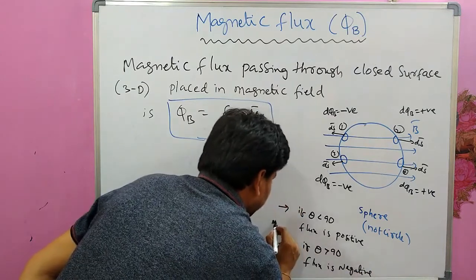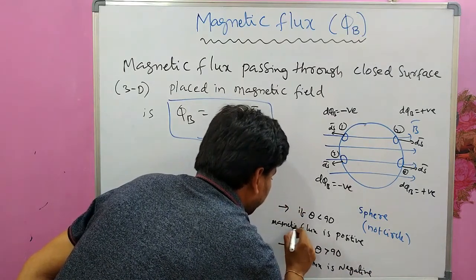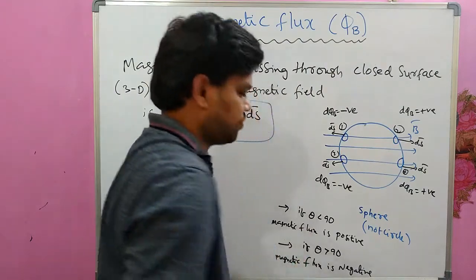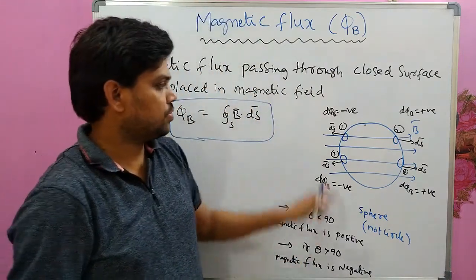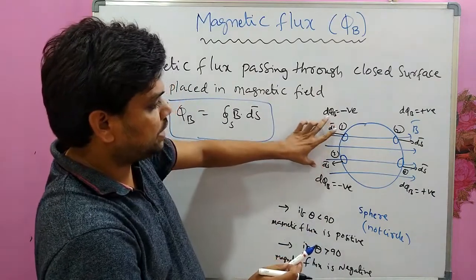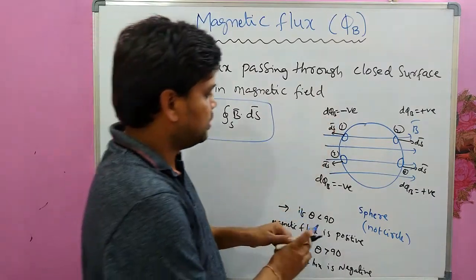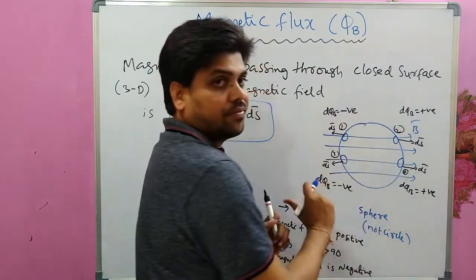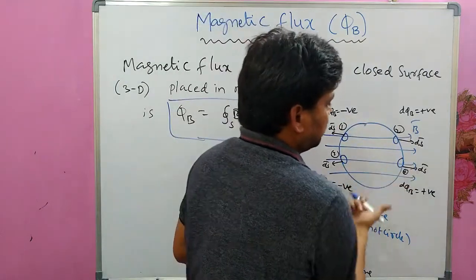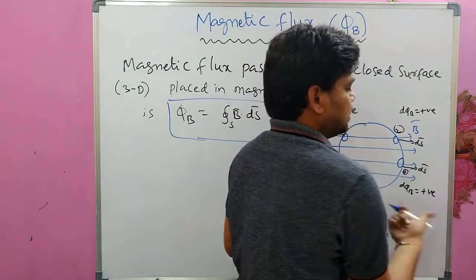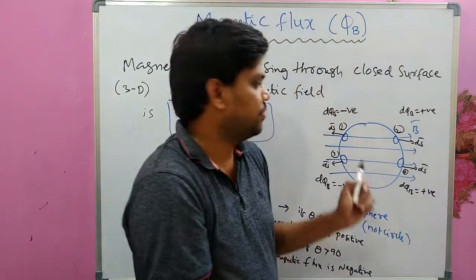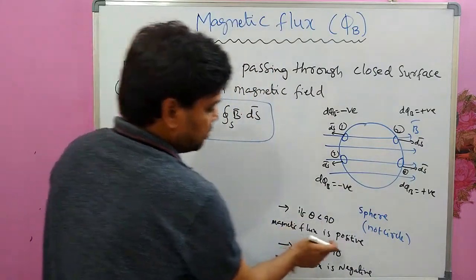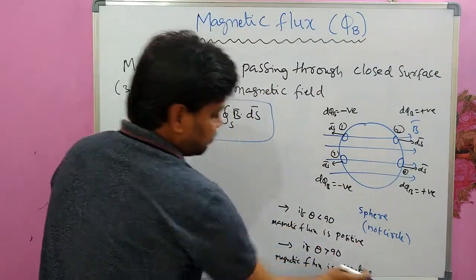Flux here is magnetic flux. So here theta is greater than 90: B is that side and dS is this side. But here for 2 and 4, B and dS are in the same direction, almost theta 0. So theta less than 90, magnetic flux is positive. Theta greater than 90, magnetic flux is negative.